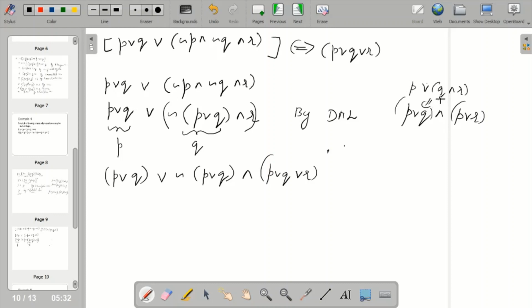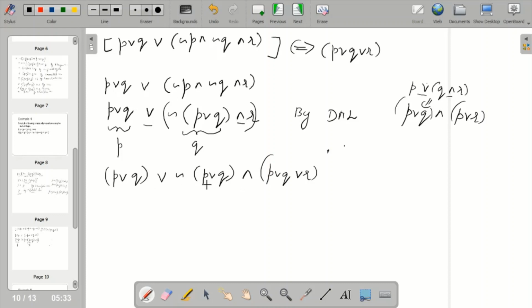Same concept I applied. You can see this symbol and this symbol over here. Instead of P, we have P or Q. Instead of Q, we have negation of P or Q. Same way I did: this P or Q, and this P or R, and in between we placed and.